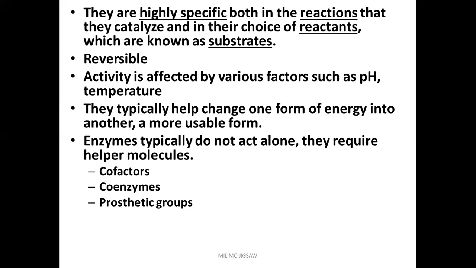For example, plants use a variety of enzymes to capture energy that is stored in light, remember, light energy from the sunlight, and convert this into a more usable form, that is, energy stored in chemical bonds, for example glucose. So we're talking about the process of photosynthesis.